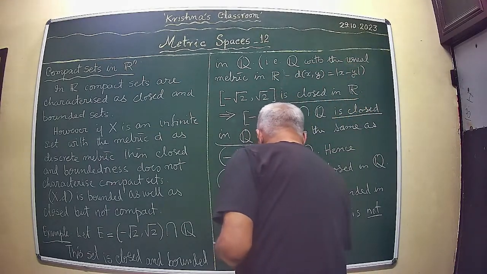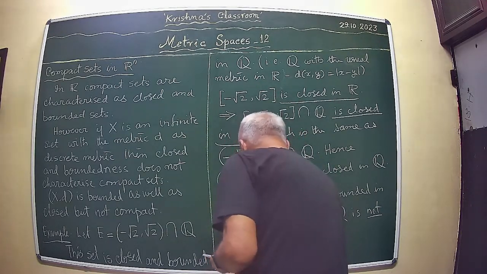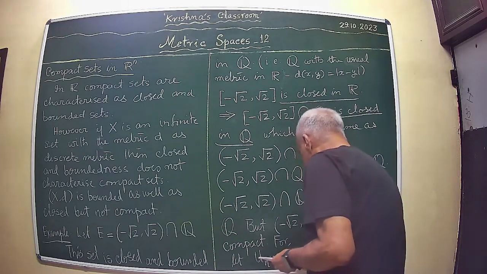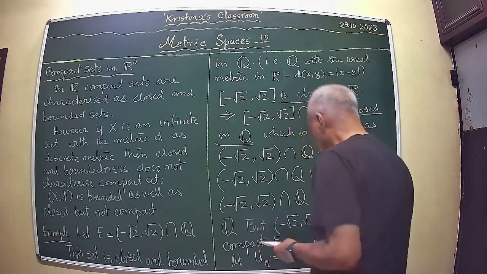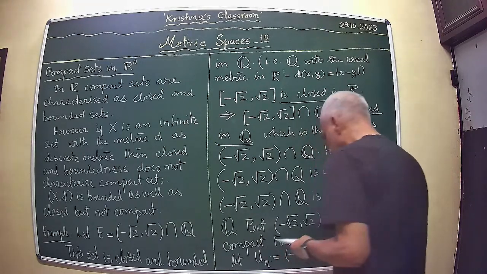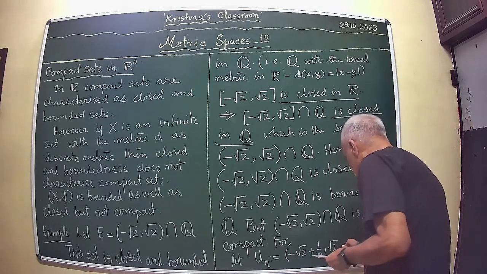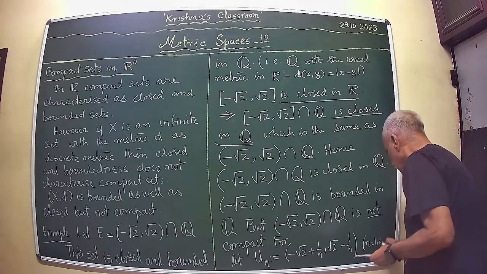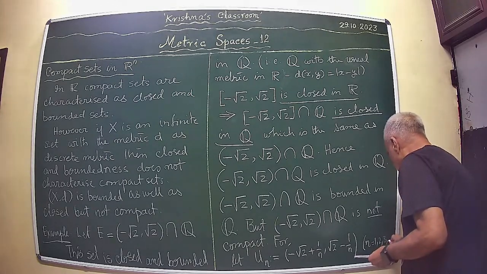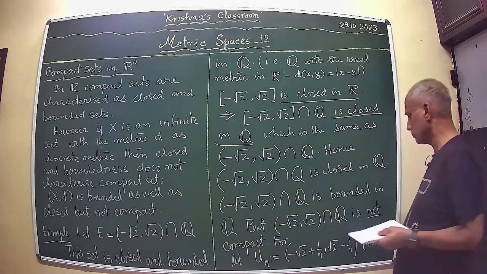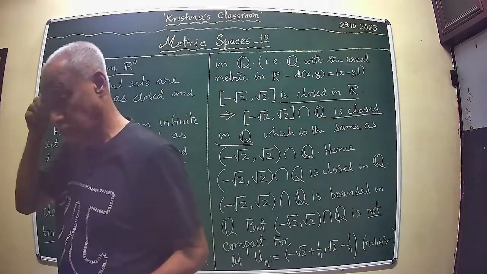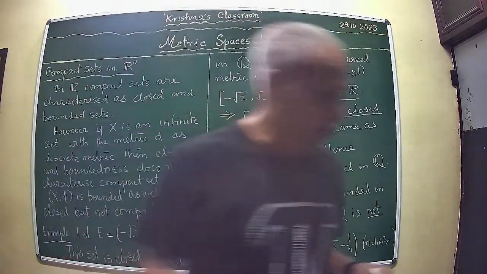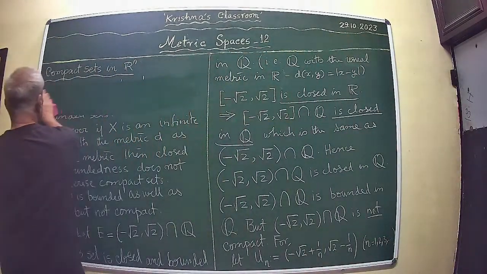For this, let U_n be defined by minus root 2 plus 1 by n to root 2 minus 1 by n, for n equal to 1, 2, 3, etc. So the union of U_n provides a covering for the set.